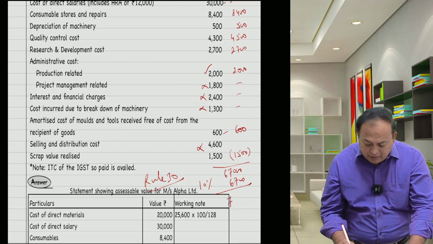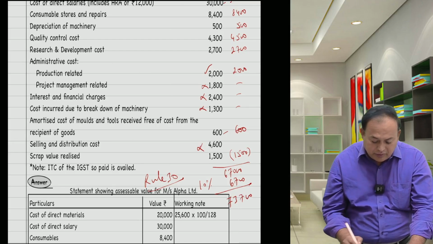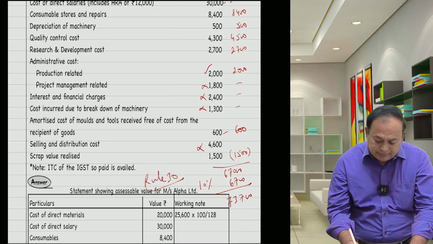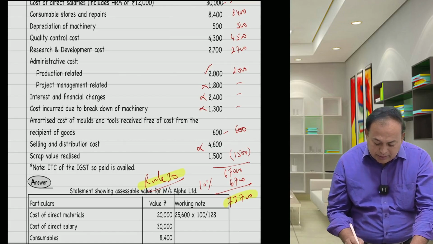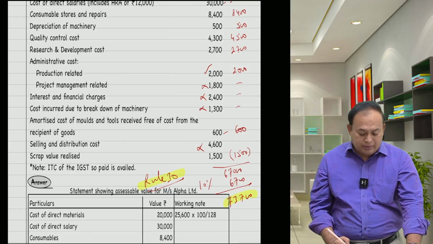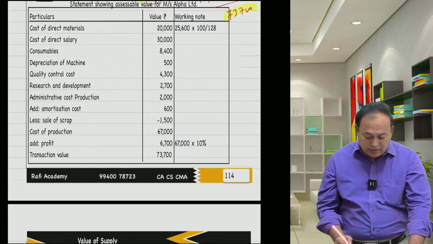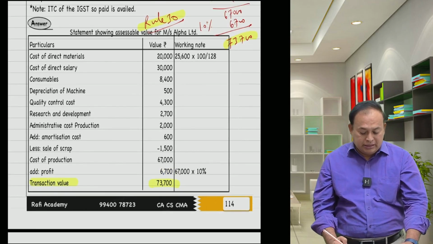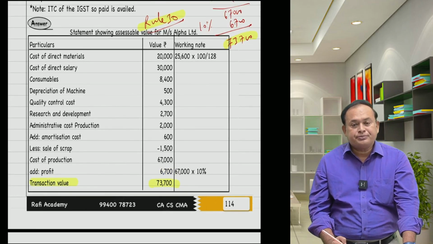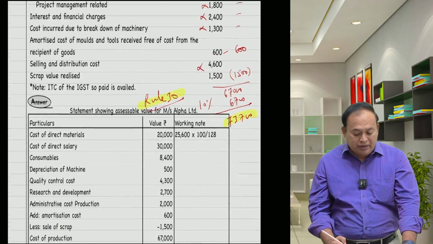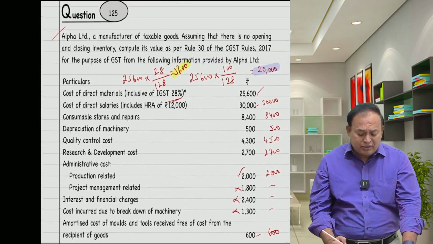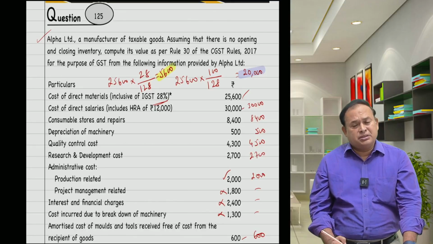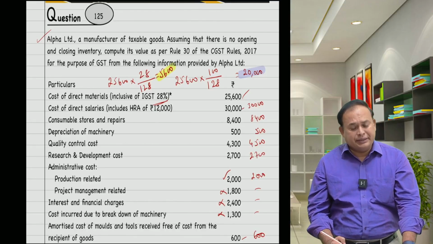Therefore, 73,700 is our valuation as per Rule number 30. 73,700 is the value, namely the transaction value in the given case. So this is the way in which you can arrive at the value of supply in case of Rule number 30.